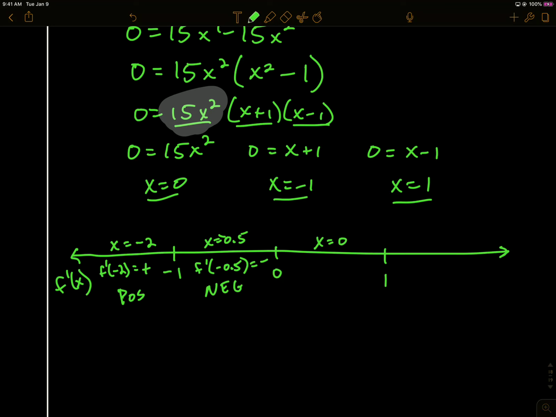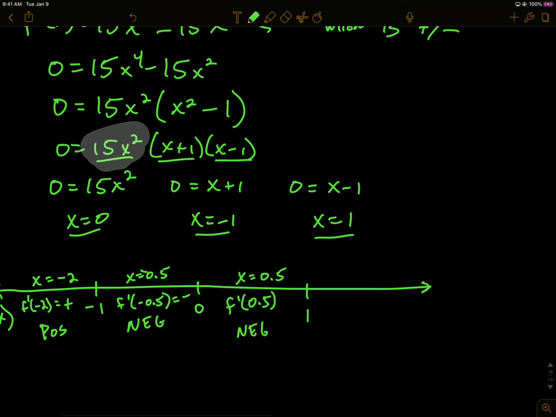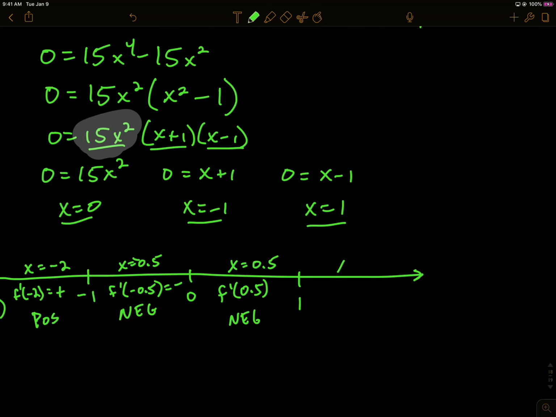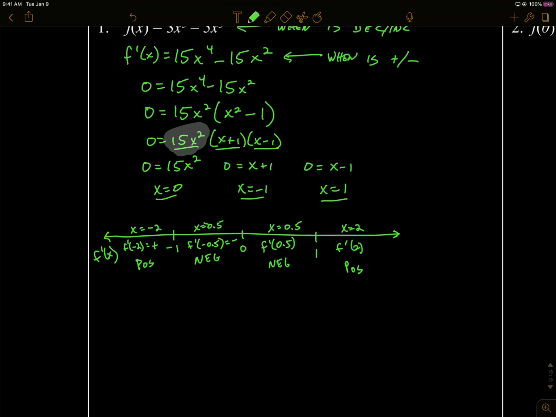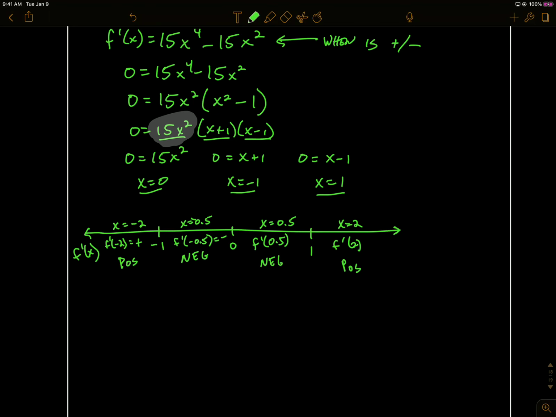I'll choose 0.5 here. If I plug that into my derivative, I'm going to get a positive times a negative. I'm going to get a negative again. And then if I plug in 2 into our derivative, I'm going to get a positive times a positive, which is a positive. So it's much easier to perform the analysis on the derivative.